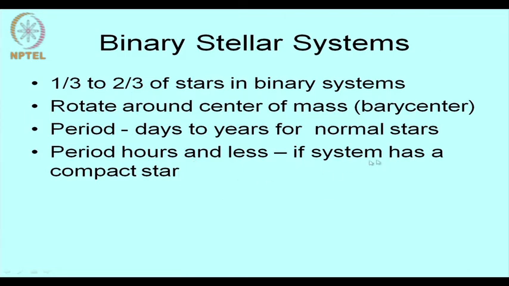So, if you want a small period, the semi major axis of the orbit also has to be small, and the stars also have to be small if they have to orbit in a very small elliptical orbit. So, if one of the stars in the system is a compact star, or if both of them are compact stars like neutron stars or white dwarfs, or one of them could be a black hole, then you have periods which could be hours or even less.